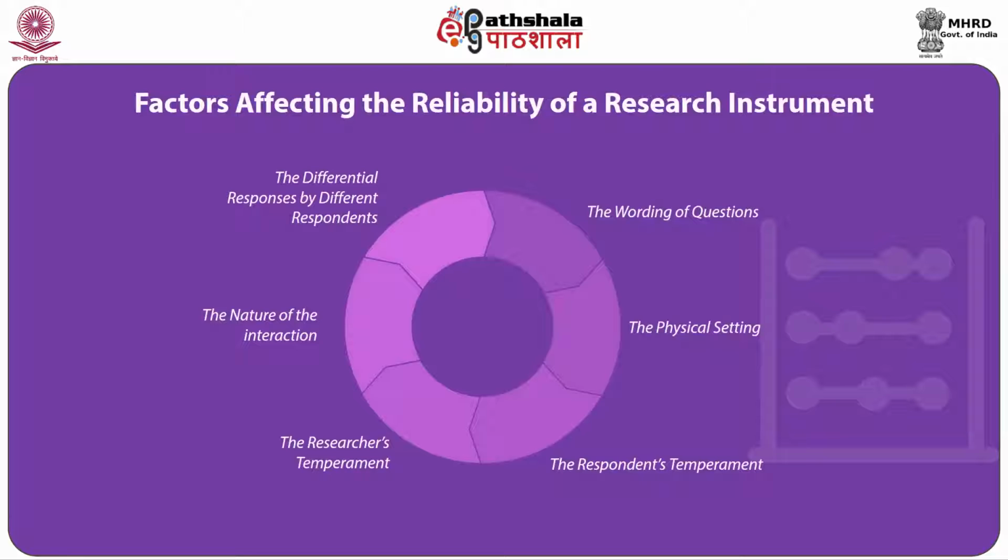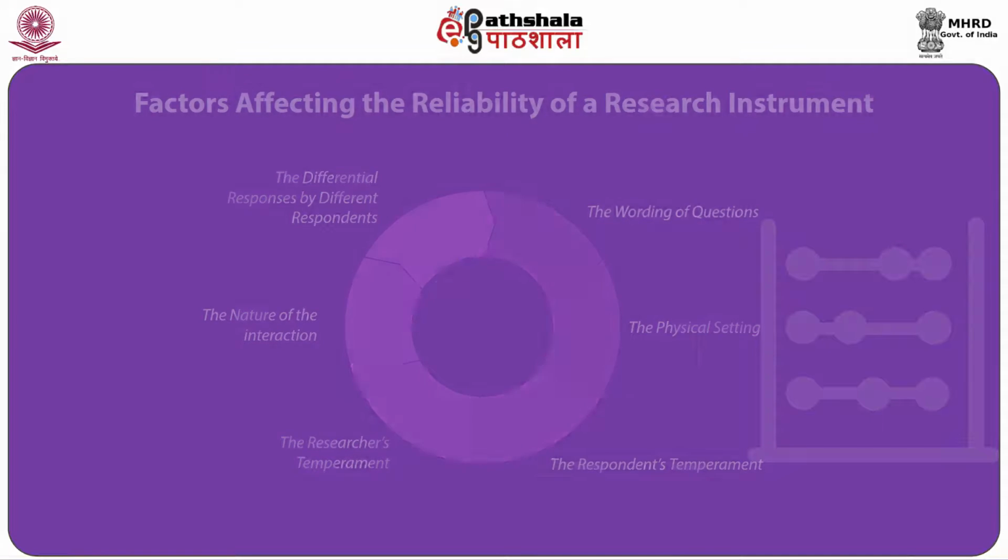The wording of questions. Even a slight ambiguity in the wording of questions or statements can affect the reliability of a research instrument, because respondents may interpret the questions differently at different times, which in turn results in different responses.